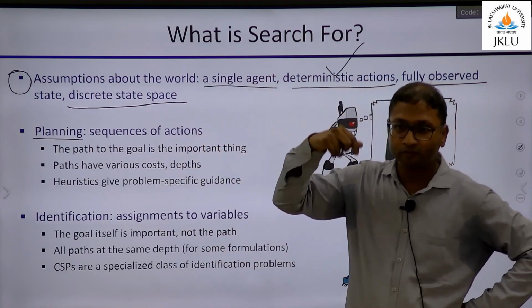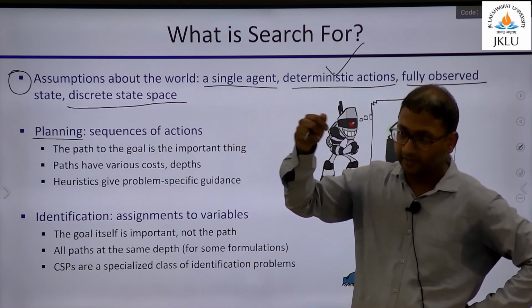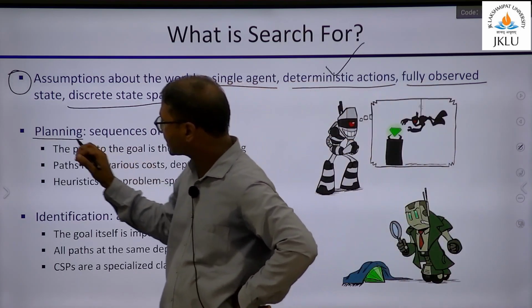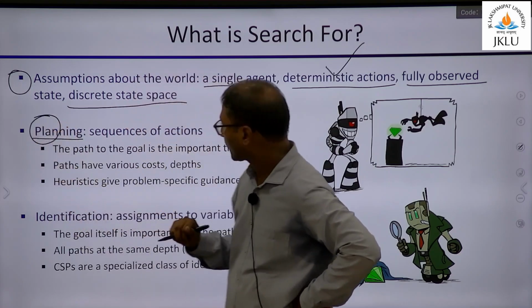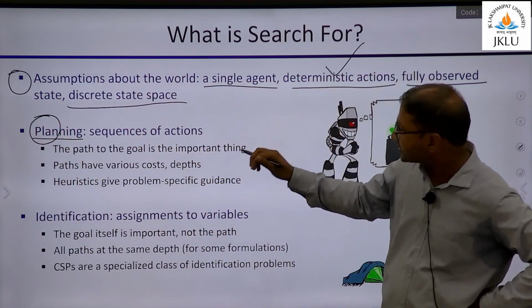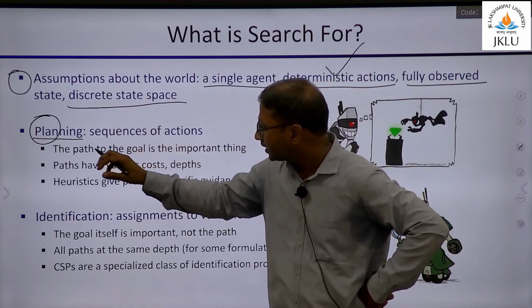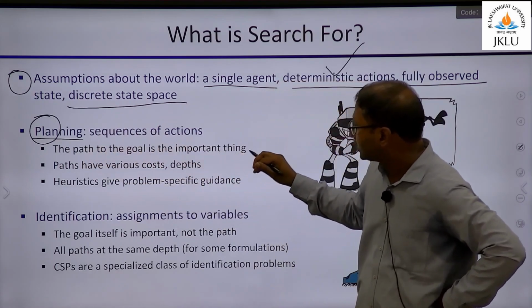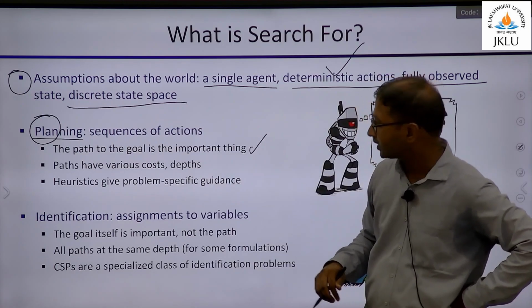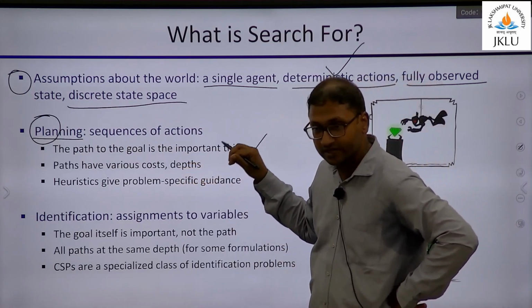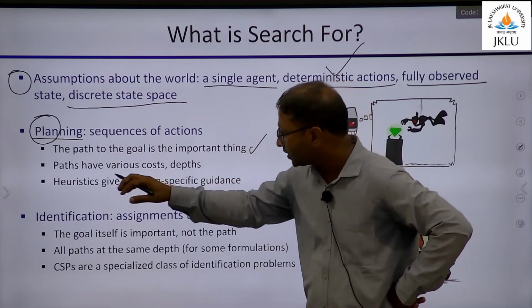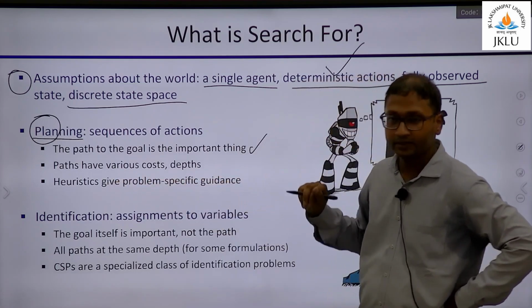One is that we want agents, and then whether those agents can plan or not. So sequences of actions is planning. The path to the goal is the important thing. Paths have various cost and depths. Heuristics give us problem specific guidance.